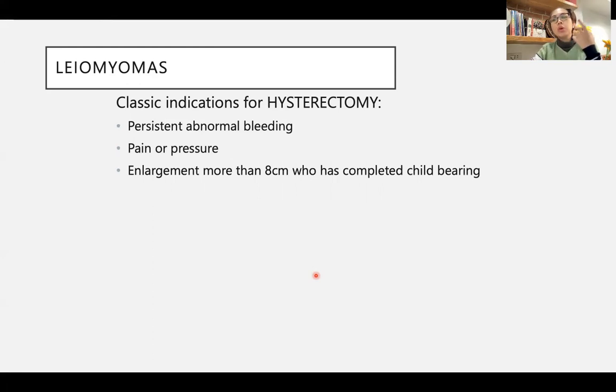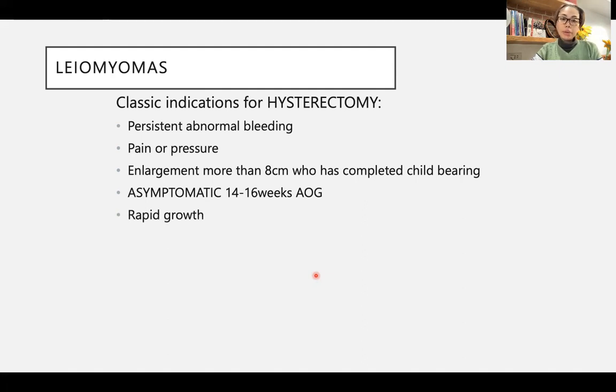So again, if the myoma is large already and the woman has satisfied the F in the AFP, we can already do hysterectomy. Even among asymptomatic women, if the uterus is larger than 14 to 16 weeks age of gestation, then we can do hysterectomy already. And again, if there is rapid growth, because you want to rule out the malignant counterpart.